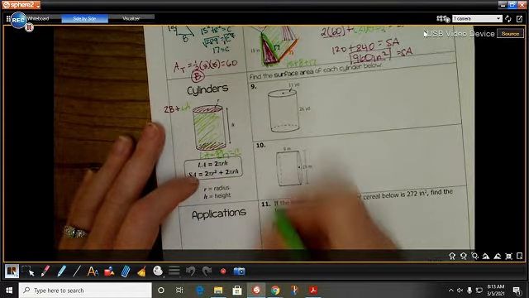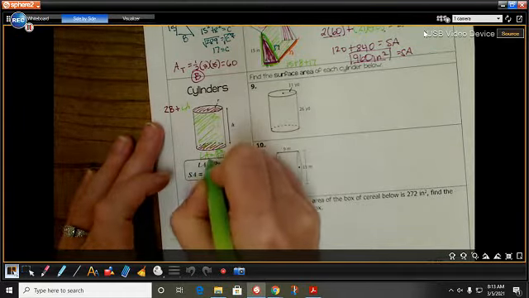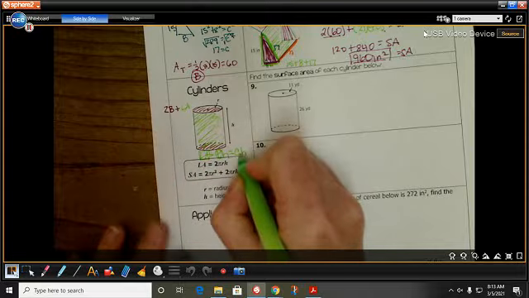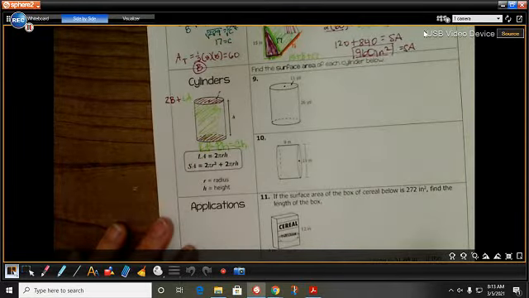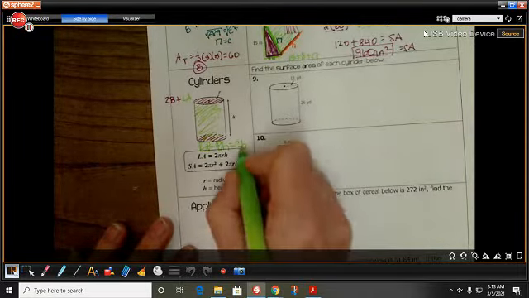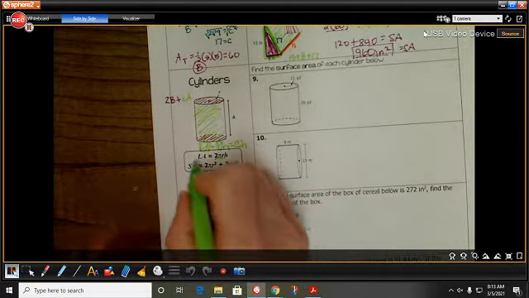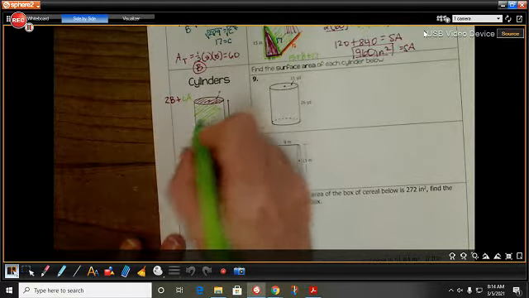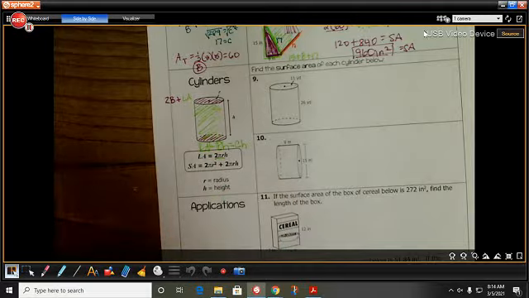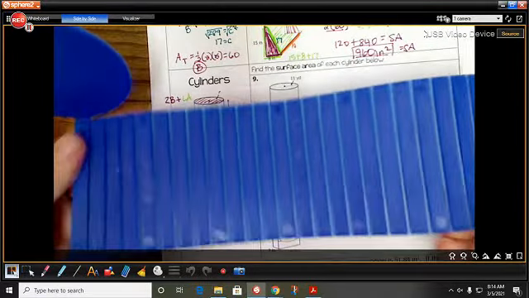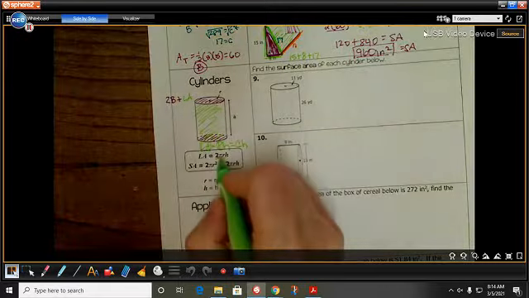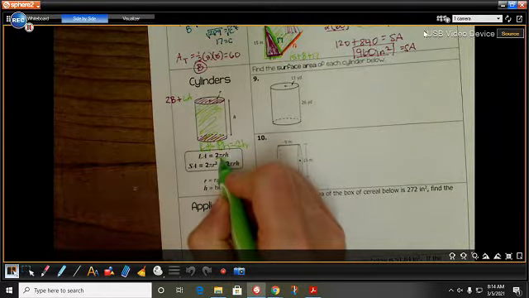And so to find my lateral area, it's going to be my circumference times my height. Well, guess what, folks? You have a formula for circumference. It's 2 pi r. So our final formula for this green lateral area, for this area wrapped around my cylinder, is going to be 2 pi r for your circumference times your height.